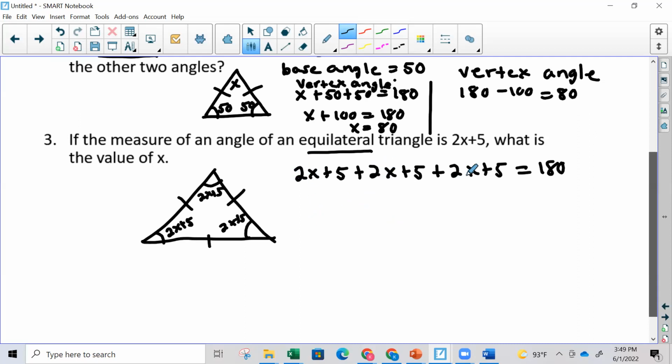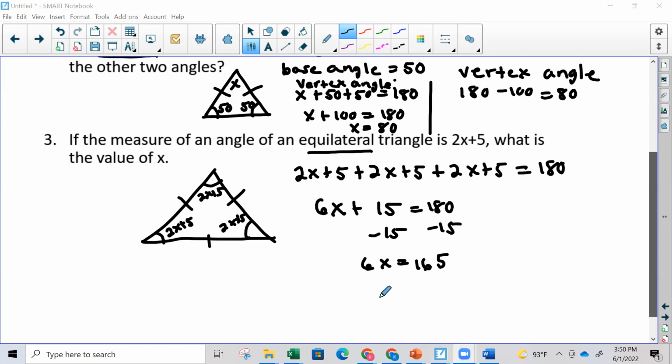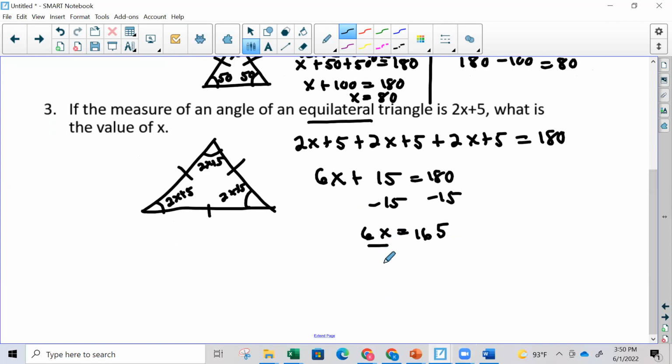So we have 2 plus 2 plus 2, which is 6x, plus we have 5 plus 5 plus 5, which is 15, equals 180. Okay, we would subtract 15 from both sides, and we get 6x equals 165. And then we would divide both sides by 6, and we get x equals 27.5.